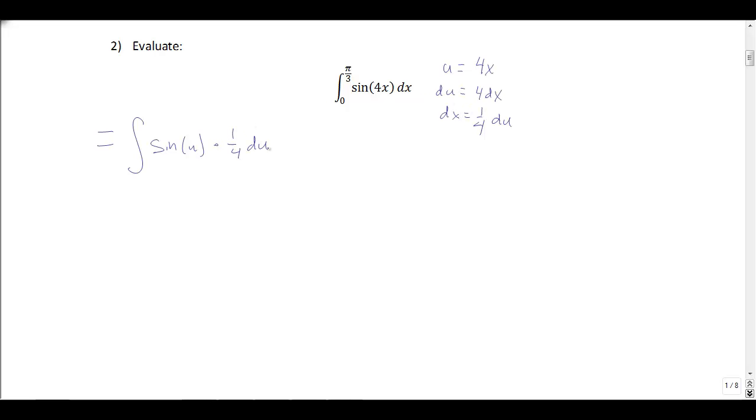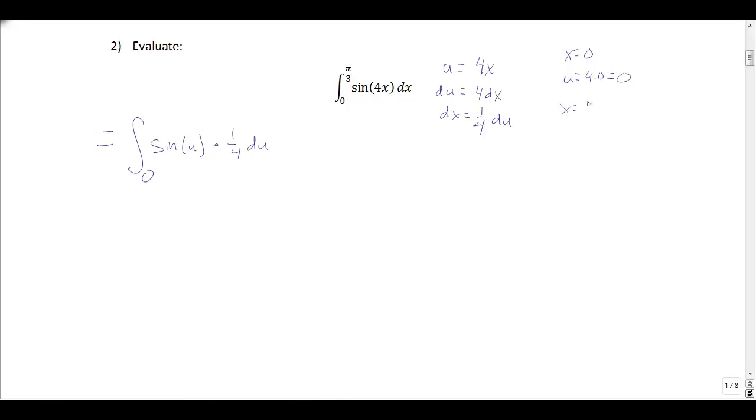Now there's a couple of schools of thought on how to approach the bounds. One is I can change my bounds now. When x equals 0, u equals 4 times 0, that's 0. So my bottom bound, a u bound, is 0.